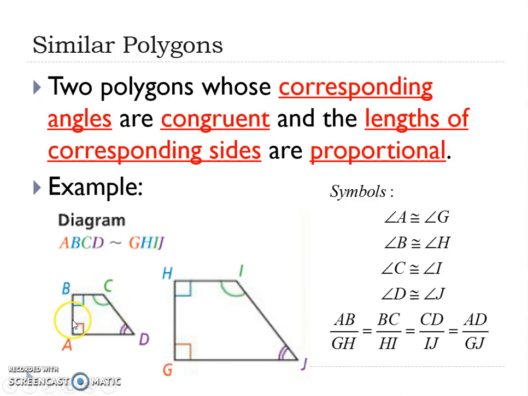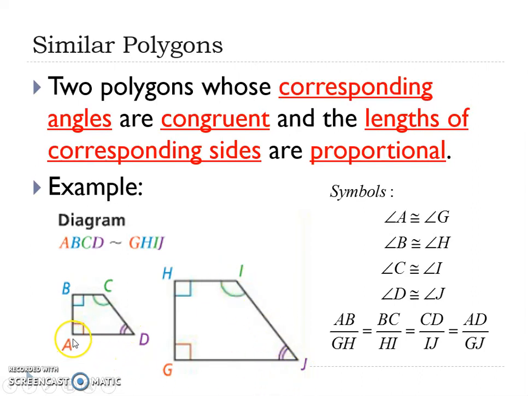So if you have AB, this side corresponds to GH right here, the same spot. They're going to have the same ratio. BC to HI, they're going to have the same ratio. CD right here is going to be the same ratio to IJ here.